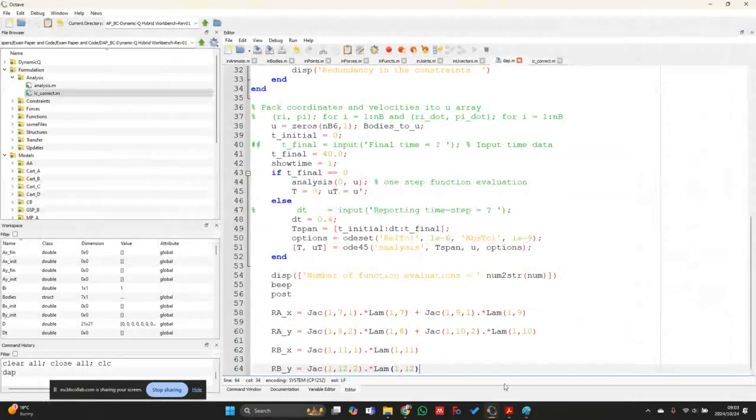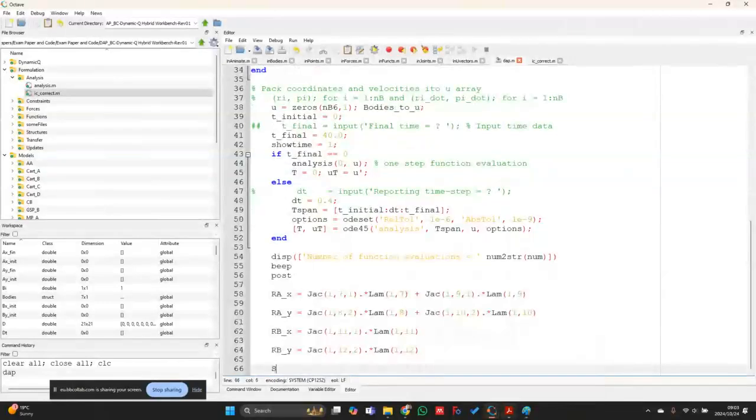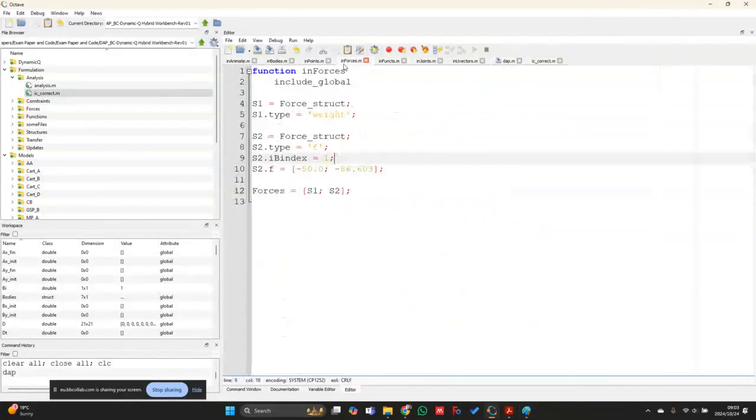But if we now go and define it, I can say over here sigma Fx is going to be Rax plus Rbx, and now I just have to go and check back what the X friction force was that I specified. So this was minus 50.